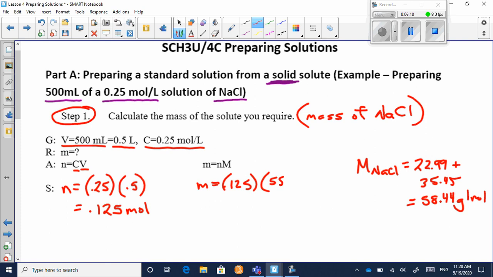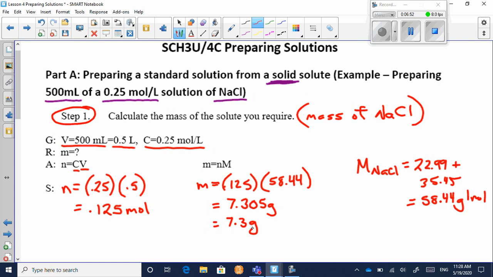Multiplying those, you get 7.305 grams. And it looks like we've got two significant digits, so I'm going to get 7.3 grams of this. Okay.